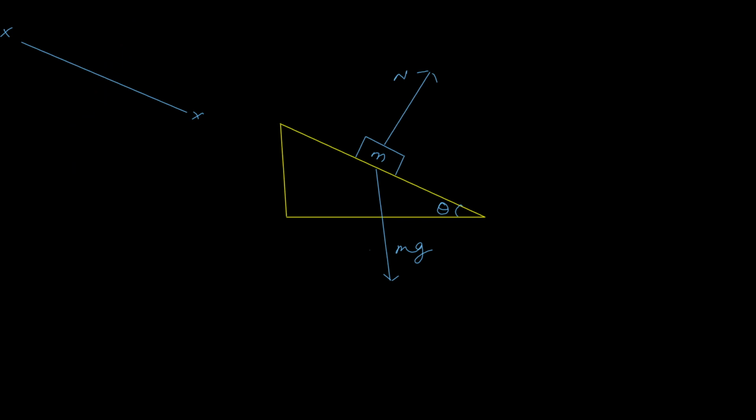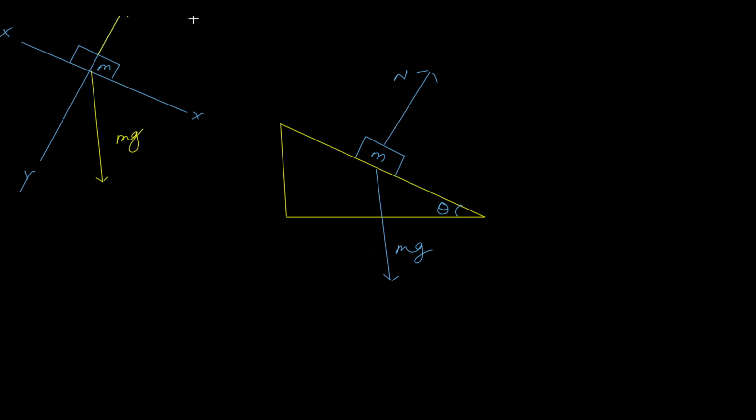Okay, so let me draw here. This is your y-axis. Our mass m is resting somewhere out here, and it is experiencing a force in downwards direction, this is mg, and this force perpendicular to the surface will be exactly in your y-axis.